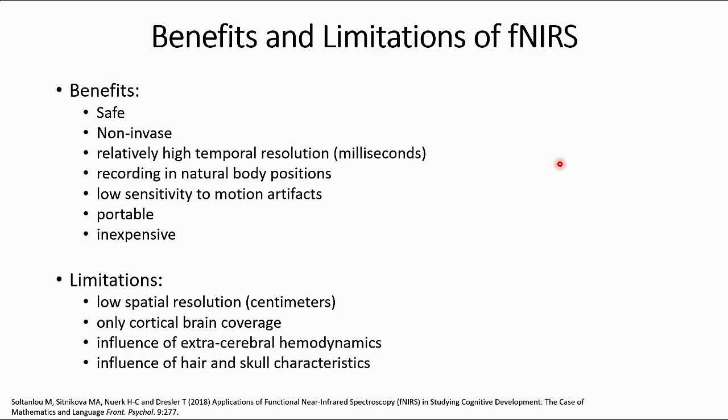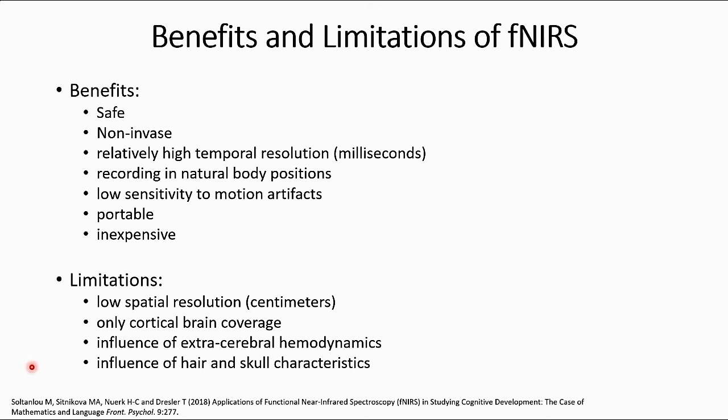As for benefits, functional NIRS is a safe and non-invasive method to measure human brain activity. Functional NIRS has relatively high temporal resolution, which is around milliseconds. Functional NIRS recording can be done in a natural body position.